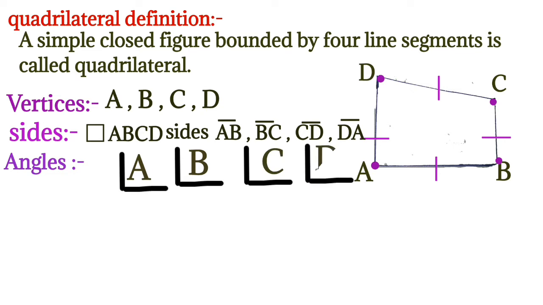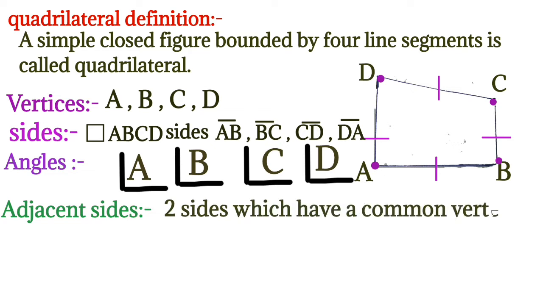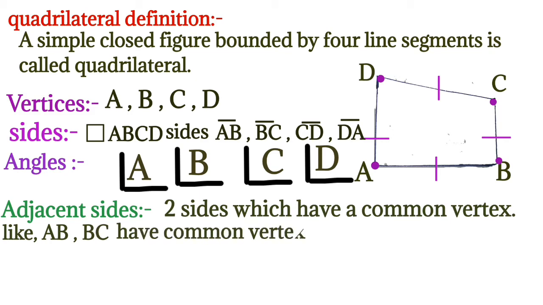Here we need to find out the pairs of adjacent sides. These are two sides of a quadrilateral which have a common vertex. We need to find the sides which have a common vertex, a common point. Take AB and BC: the sides have the same point, that is B. Like that, BC and CD; here also C is a common point.